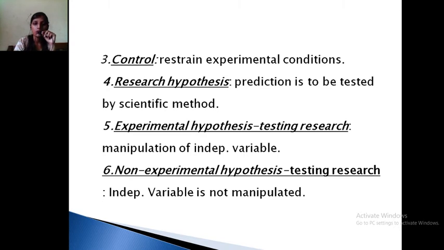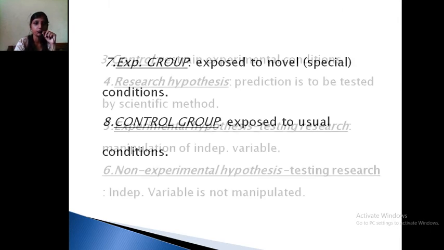Research hypothesis. Research hypotheses are the prediction to be tested by the scientific methods. Experimental hypothesis testing, non-experimental hypothesis testing research. In experimental hypothesis testing research, the independent variables are manipulated, while in non-experimental hypothesis testing research, independent variables are not manipulated.